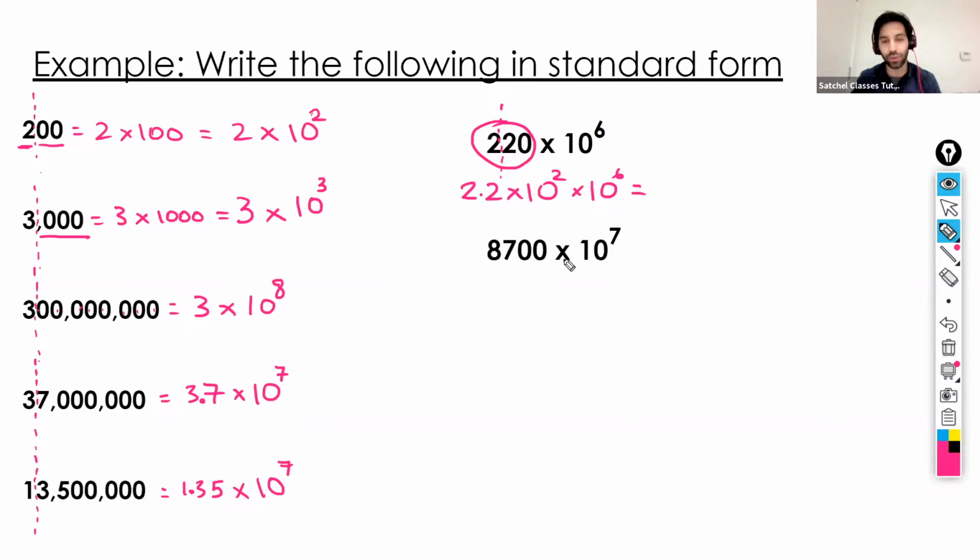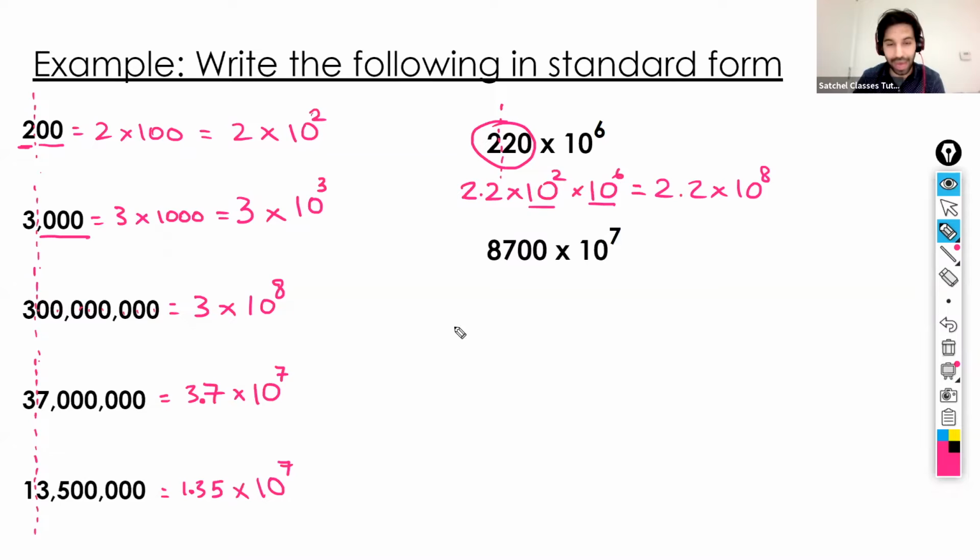And that will be equal to, and this is something you may have covered in the rules of indices, that when we multiply 2 numbers that have the same base, so 10 and 10 being the same base, and they have indices, what we need to do is simply add the indices. So this is going to be 2.2 times 10 to the power of 8. Because we have the same base, we're multiplying the 2 numbers, so we just simply have to add the indices.